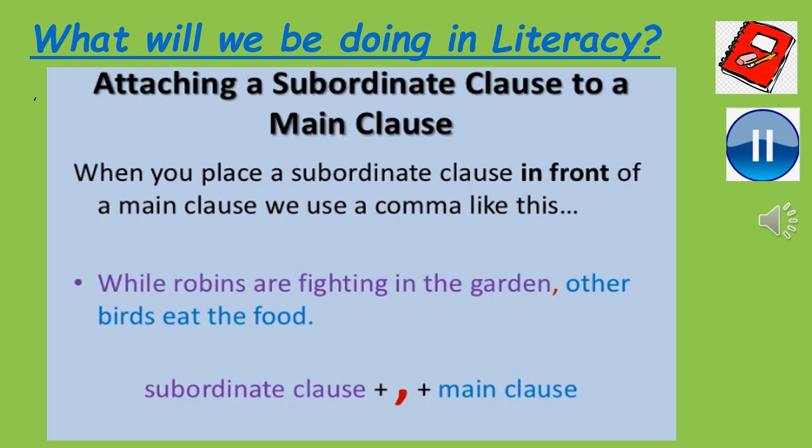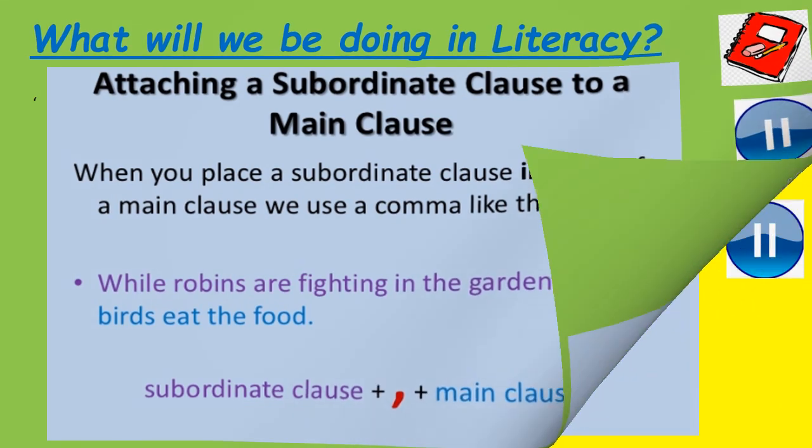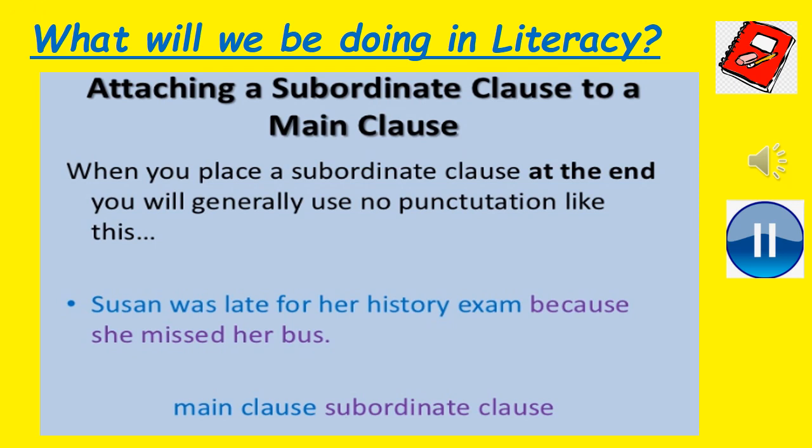If your sentence starts with the subordinate clause at the front of the main clause, it must always have a comma after the subordinate clause, like in this example seen here. However, if the subordinate clause is after the main clause, it usually doesn't need a comma, like this example.